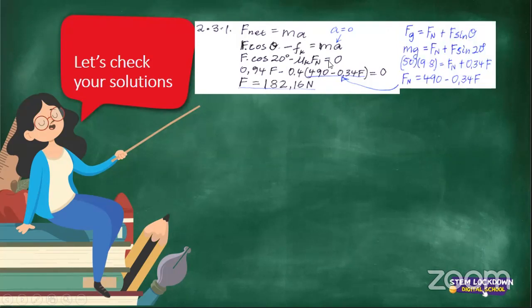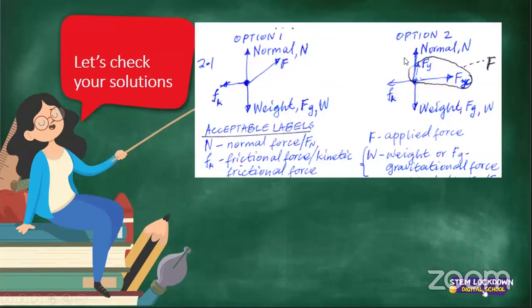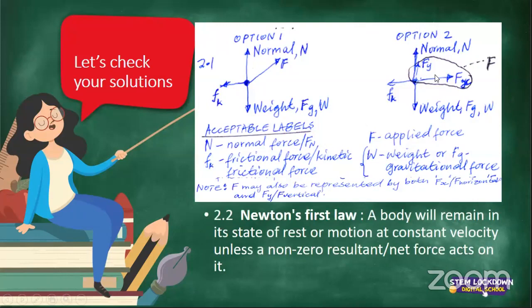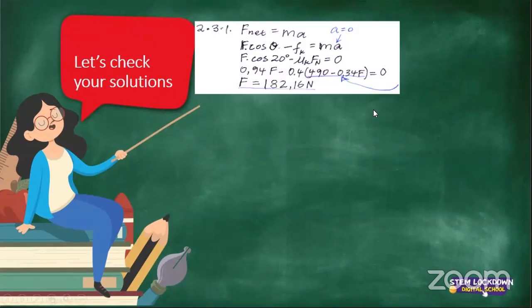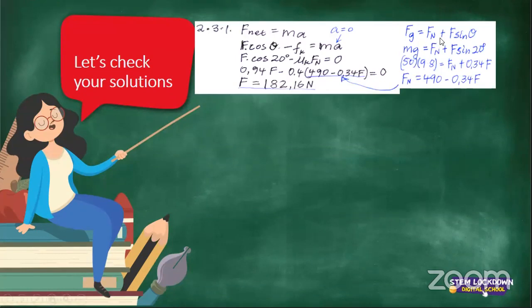So where does it come from? It is coming from here. We know that from our diagram. Let's go back to our free body diagram. In here, you can see that the weight Fg equals Fy plus normal. So let's go to our calculation. Fg equals Fy, which is F sine theta, plus normal.